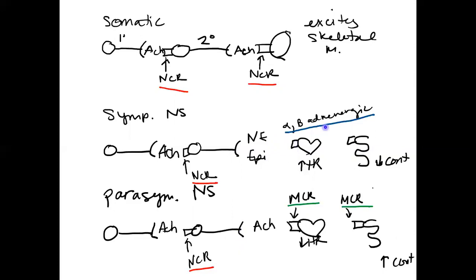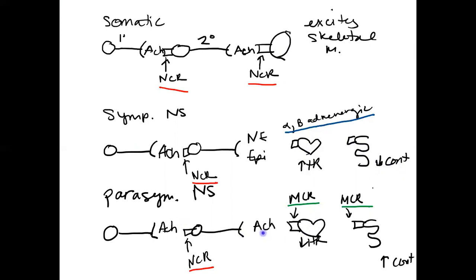Here's my little receptor, and here's my adrenergic receptor on the heart, and they increase heart rate and force of contraction. We can do heart rate for right now, but you'll learn this is cardiac output. It's also going to slow down digestion. So this is my digestive tract, and those are my adrenergic receptors. When epi and norepi bind to the adrenergic receptors on the GI tract, it's going to slow down contractions of that GI tract.